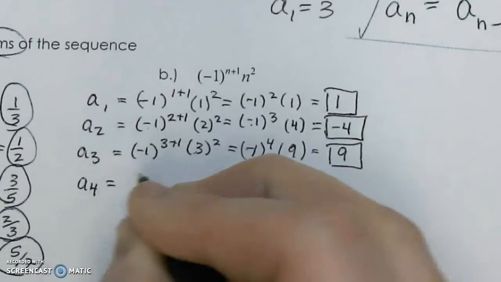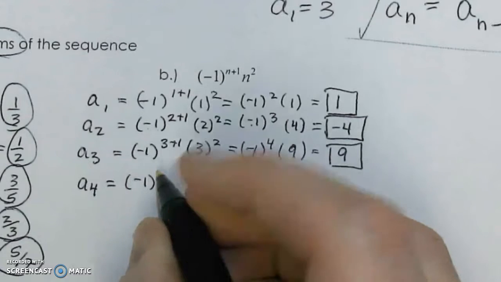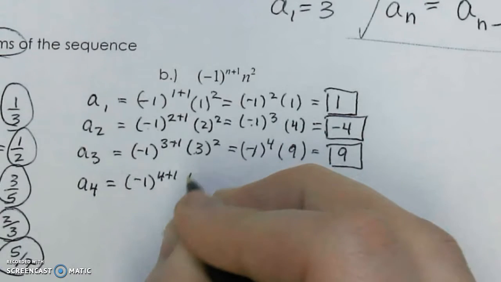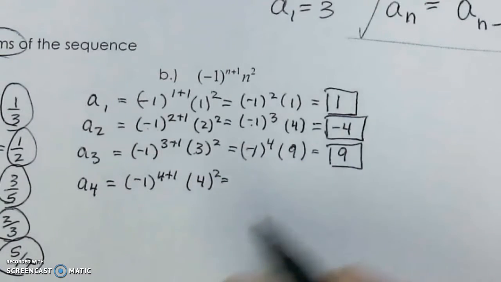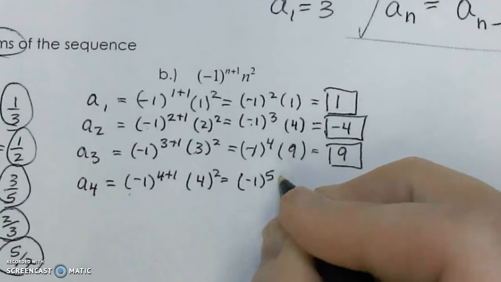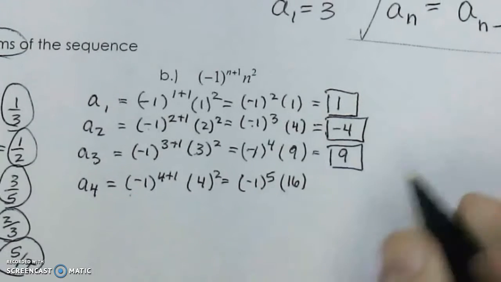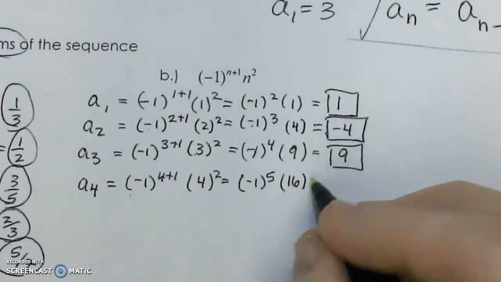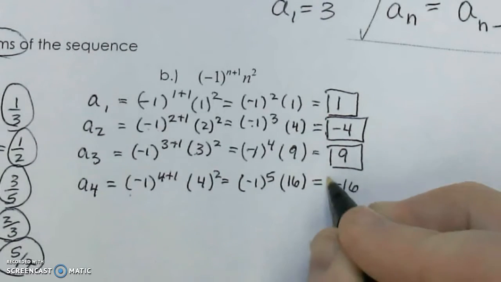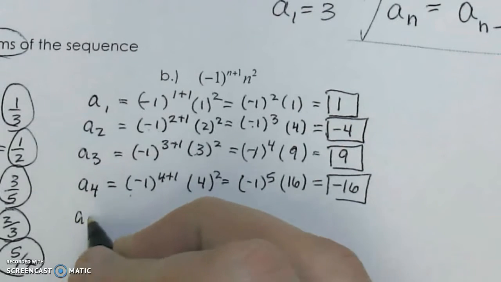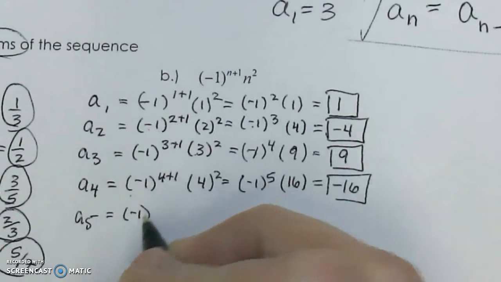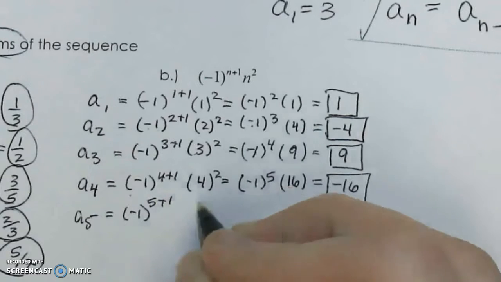A4, you plug in 4, and so I have negative 1 to the 5th, and then 4 squared is 16, so here I'm getting negative 16. And then A5, negative 1, and then plug in 5.